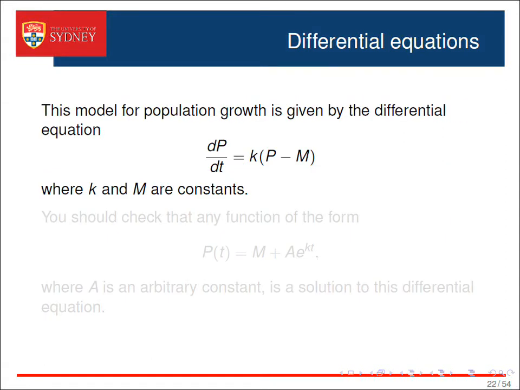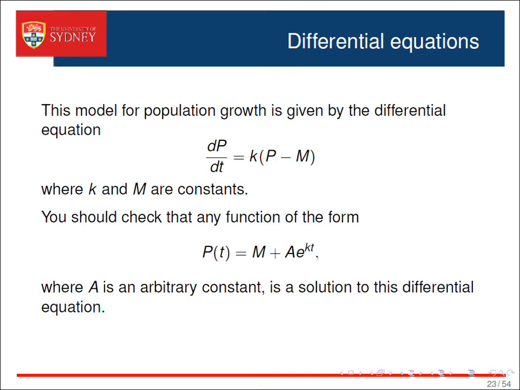By similar reasoning to before, we can write our assumption in mathematical notation as dp/dt equals k times (p minus m). Remember, we're saying that the rate of change is proportional to the difference between p and some fixed number m. Let's show that any function of the form p equals m plus a e to the kt for a constant a satisfies the differential equation.